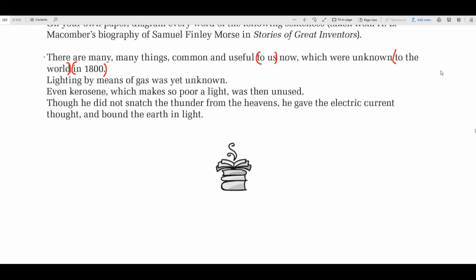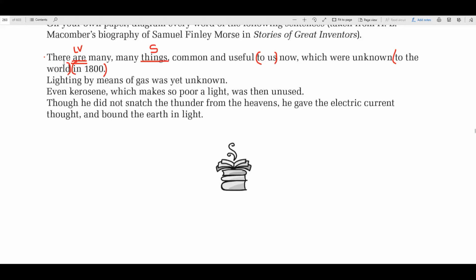Let's find our main verb. There are many, many things. Are is our main verb, and it's a linking verb. What's our subject? Who or what are? Things is your subject. Okay.